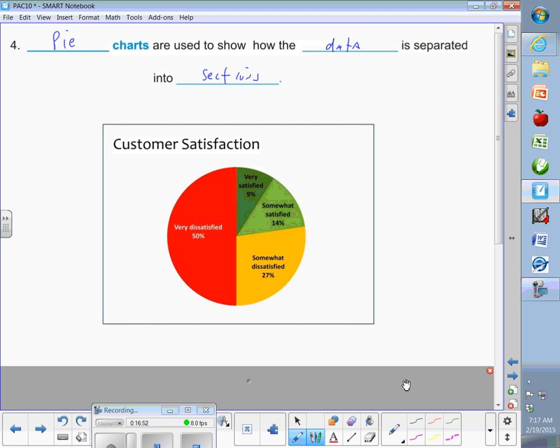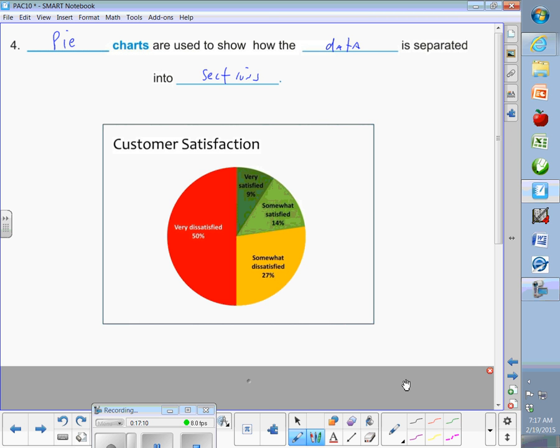Very useful in budgets or money type situations. Anything where you have a total and you want to see how the total is broken up into pieces. So the whole pie is the total, and then you're showing the pieces.